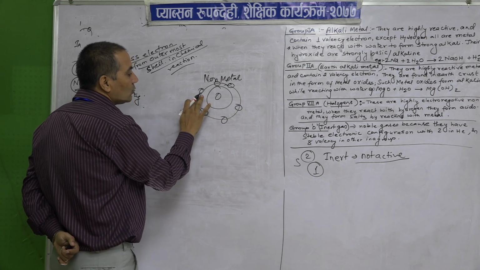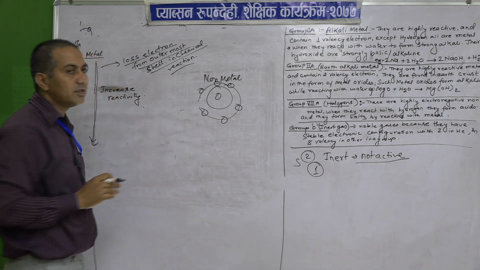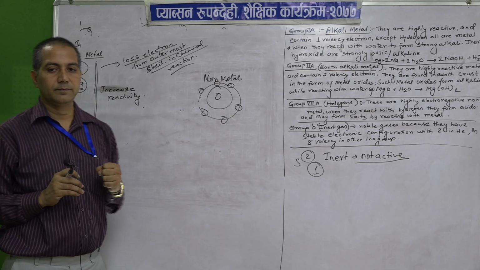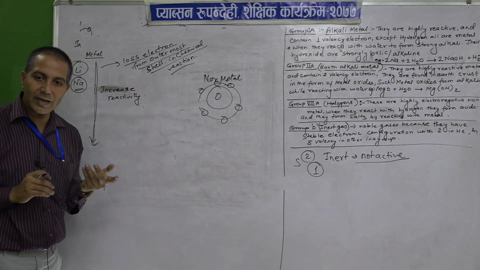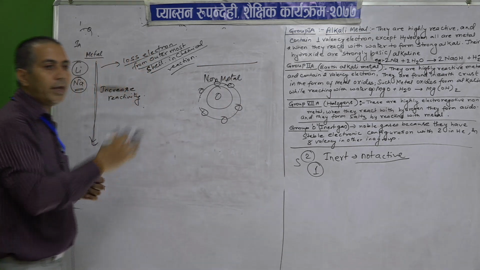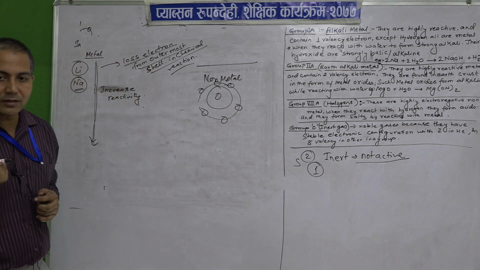So it is easier for oxygen to gain 2 electrons than to lose 6 electrons. Therefore, non-metals take electrons from others.